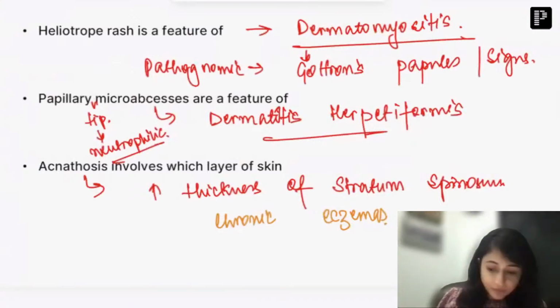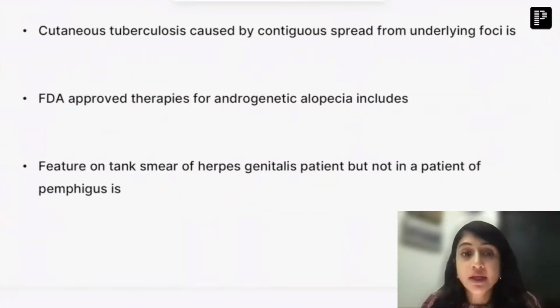Clear? Great. Next question. Cutaneous tuberculosis, which is caused by contiguous spread from an underlying focus of infection, is called as.